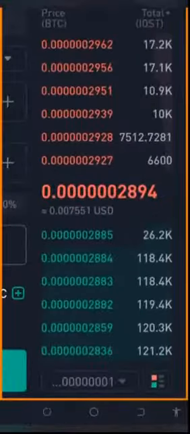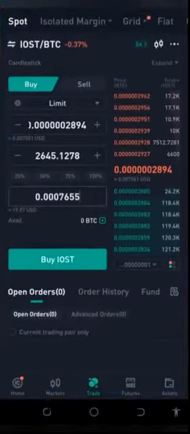When he says that, before he was looking at this order book as being in dollars or in USDT, like maybe when it says 26.2K, it means 26.2 thousand USDT. No, it means that what they have here is 26,200 pieces of IOST already in the queue to be bought, right?